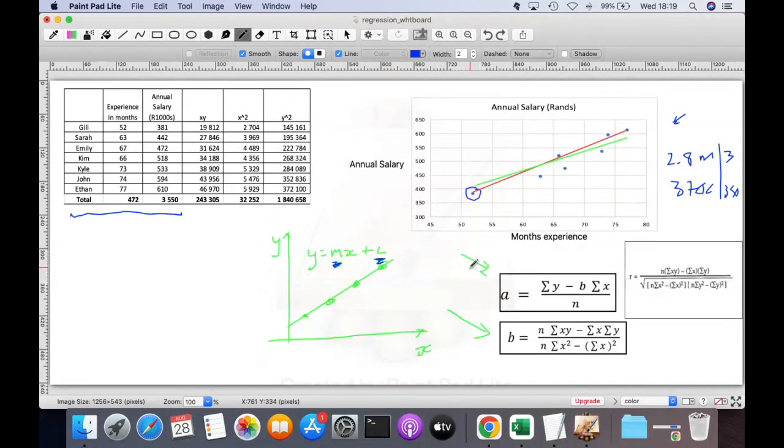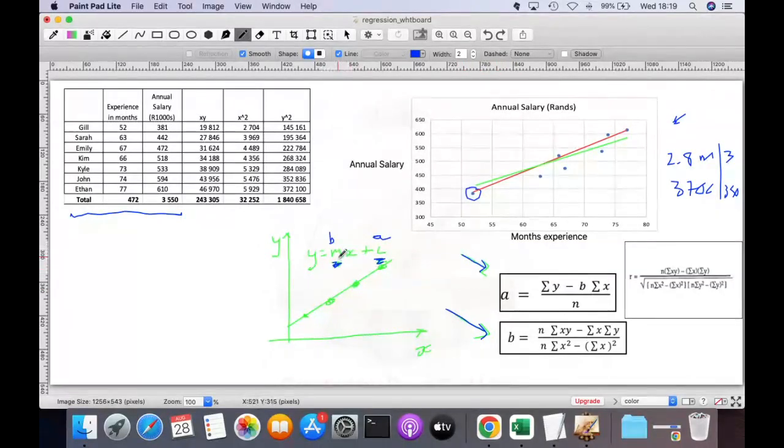Now, these equations that I'm pointing to give you that slope and the intercept. It's just that instead of calling it m and c, for this module we call it a and b. So b is your slope, and a is your intercept. That's what these equations tell you.